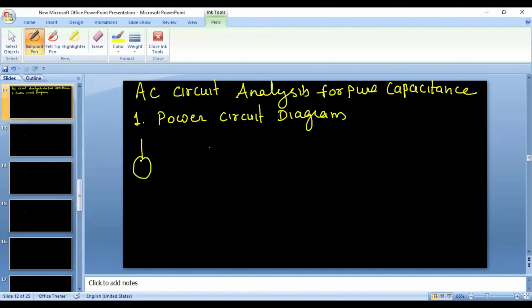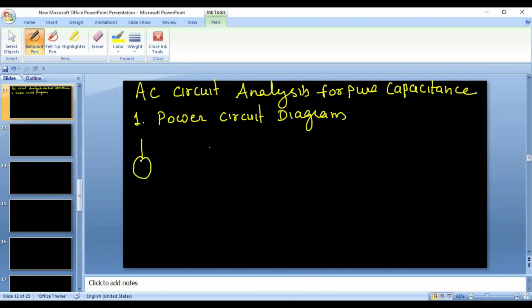the charging current across the capacitor can be given by the expression IT is equal to C dVt by dt. Now, after putting the value of V, I can write C d by dt of Vm sin omega t. Now, if I differentiate this, what do I get?